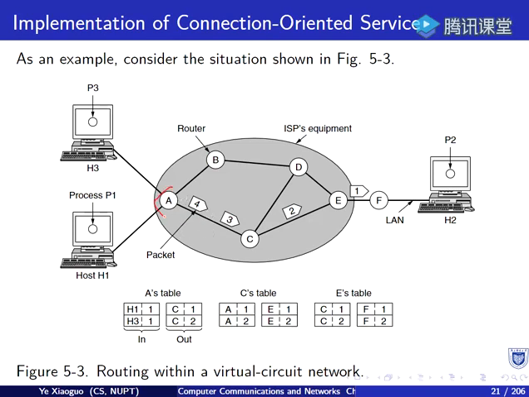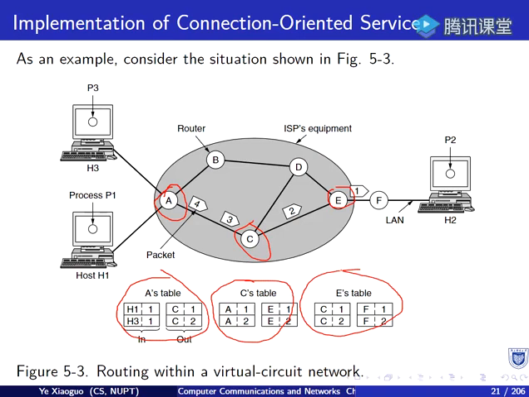For router A, we have A's routing table with virtual circuits. Router C has this routing table, and E has this routing table. The routing table is different from the connectionless service.